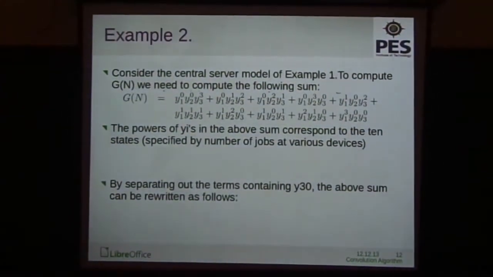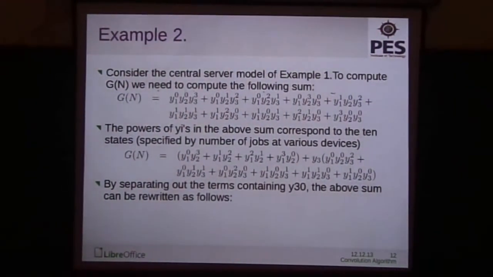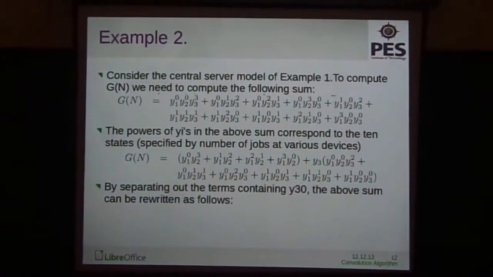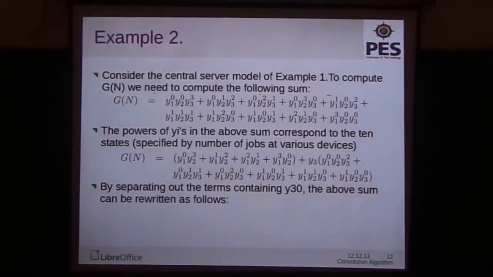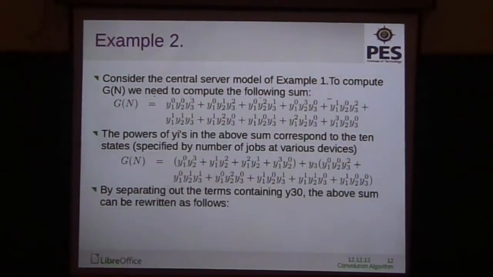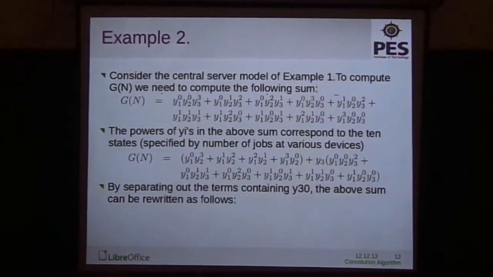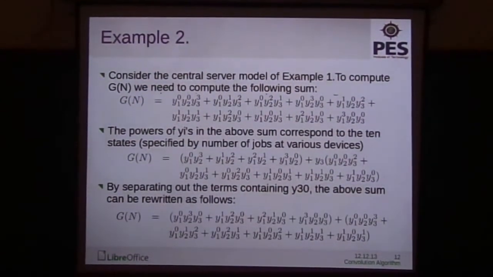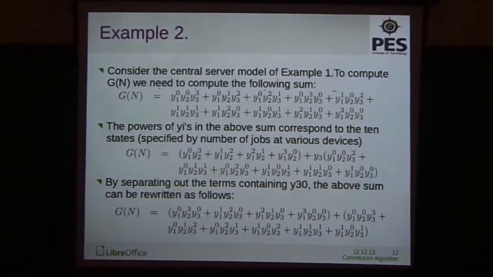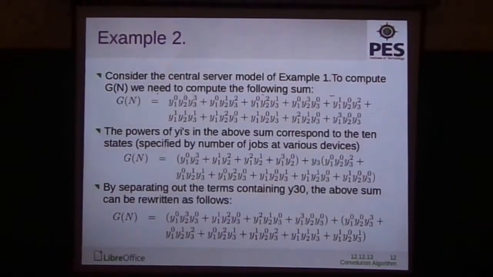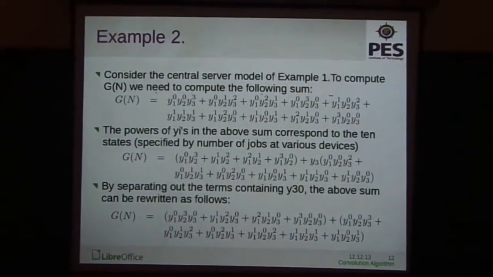The powers of y in the above sum correspond to the 10 states specified by the number of jobs at various devices. gn equals y1 to the power 0, y2 to the power 3, plus y1, y2 square, plus y1 square, y2, plus y1 to the power 3, y2 to the power 0, plus y3 times the remaining terms, up to y1 to the power 1, y2 to the power 0, y3 to the power 0.